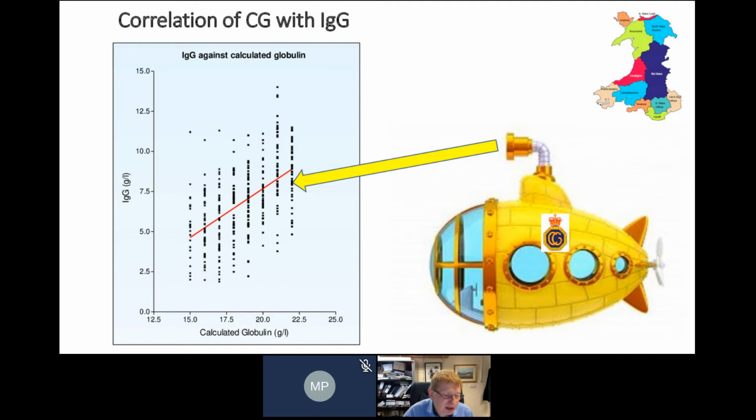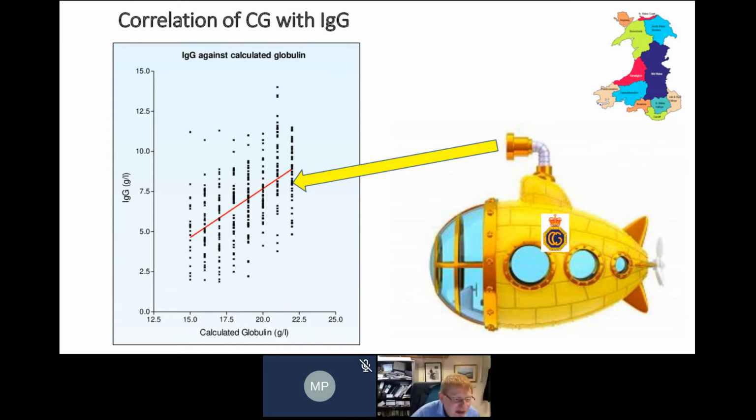And then we compared that calculated globulin with our normal laboratory IgG level. And you can see the red line gives you a nice relationship with a spread of values, but a nice correlation. I would help you with the pointer, but you'll have to use your imaginations here.